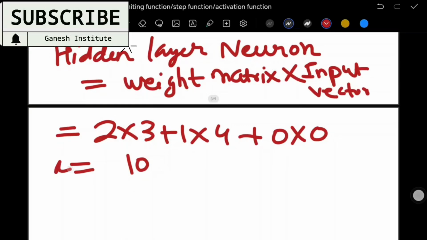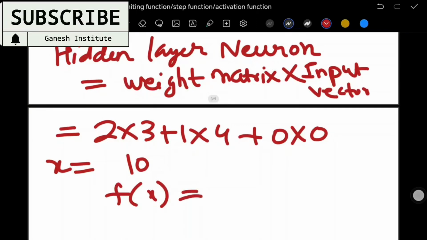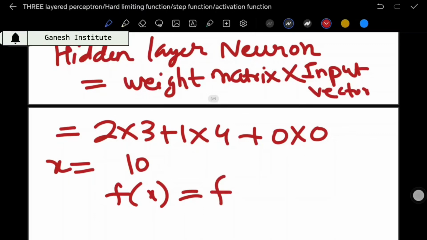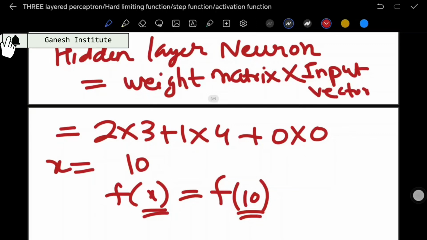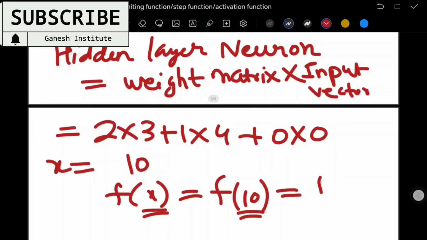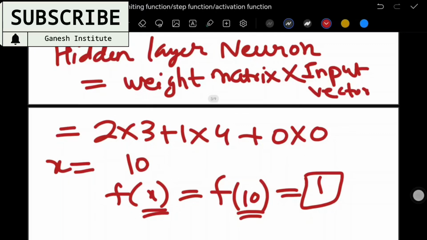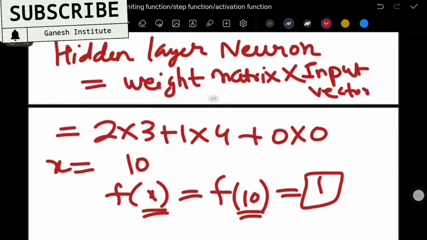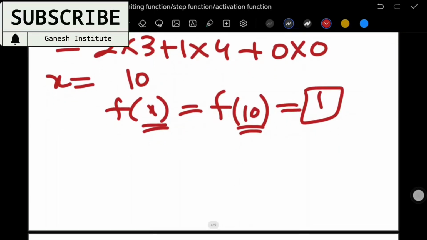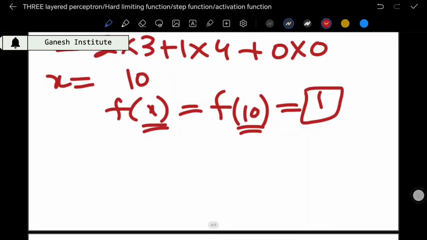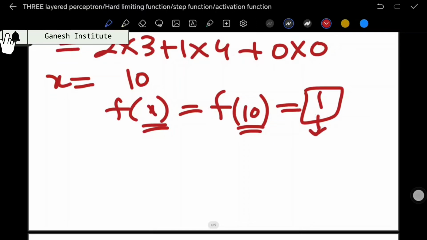So this is our x. Now what will be our f(x) as per the activation function? f(10), because x is greater than or equal to 0, its value is 1. Remember, in a perceptron we have to classify the data into 0 and 1 only, a binary function. So this is my first hidden layer neuron, neuron 1.